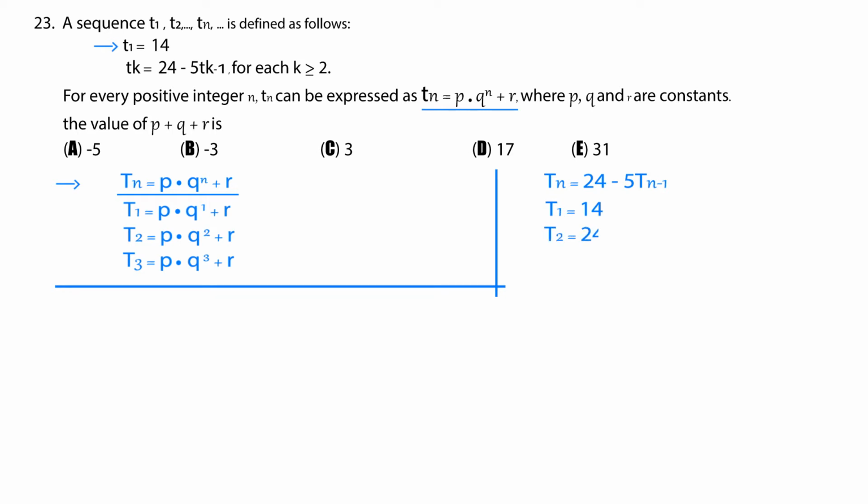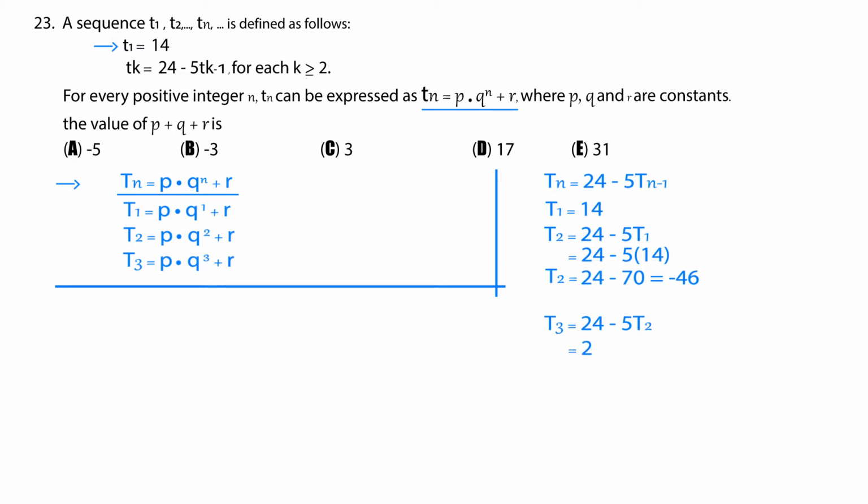So t2 is going to be 24 minus 5 times t1. So 24 minus 5 times 14, and therefore this is 24 minus 70, which is equal to minus 46. All right, that's t2. Now let's figure out t3. So t3 is going to be 24 minus 5 times t2.